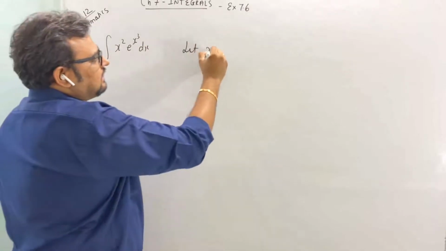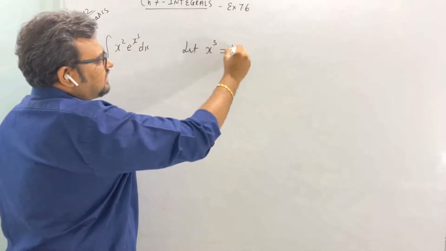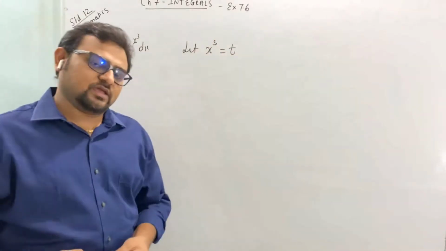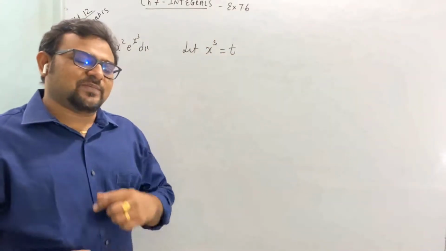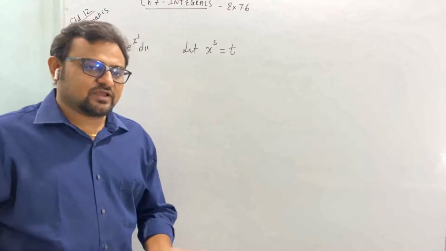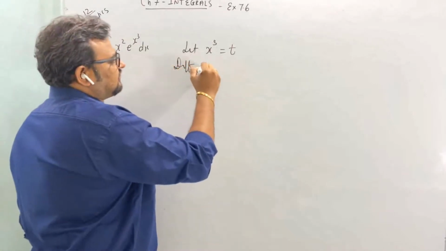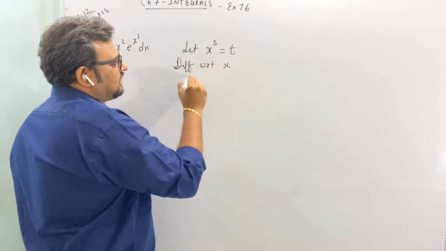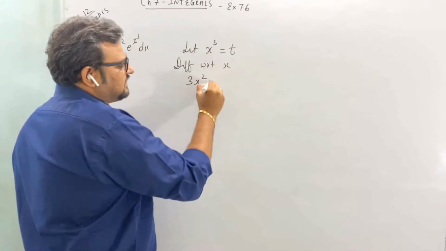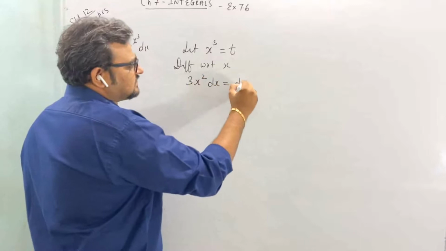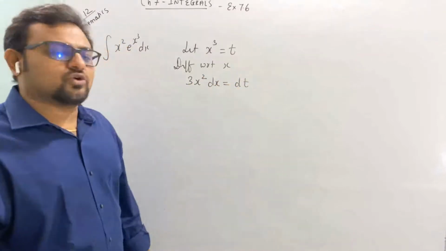Let x cube be equal to t. So now if I am differentiating it, I will get 3x square. So differentiating with respect to x, 3x square dx will be equal to dt.